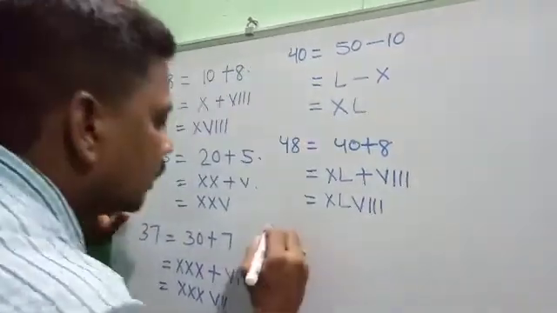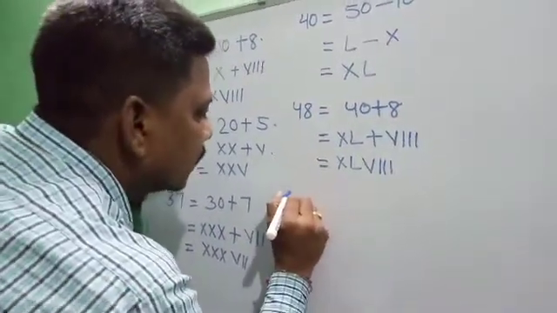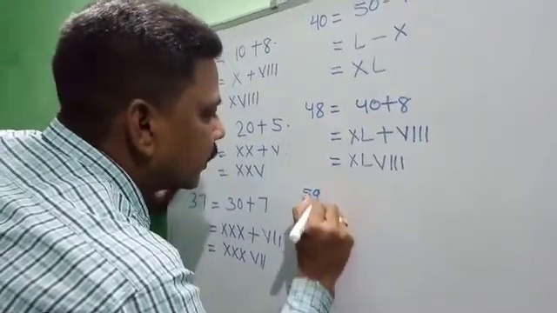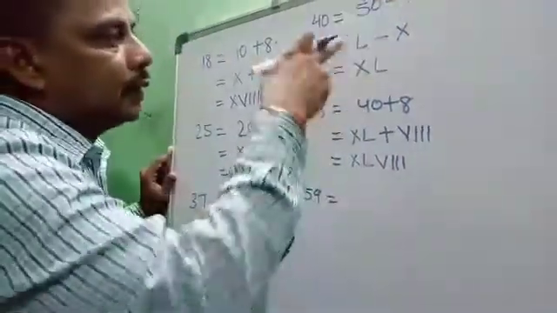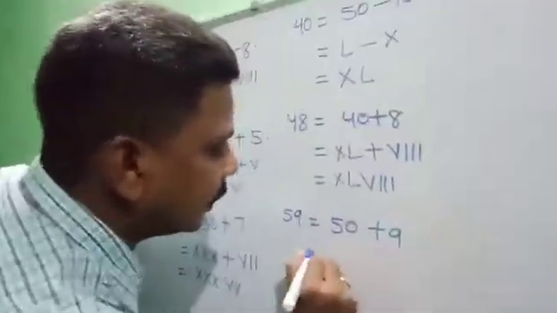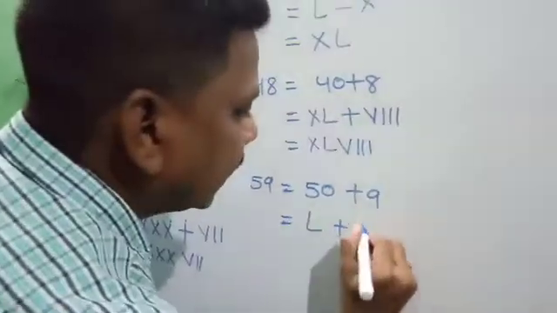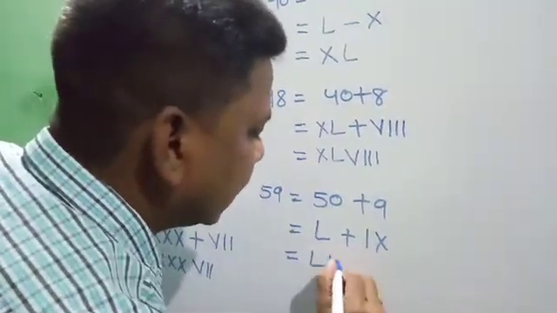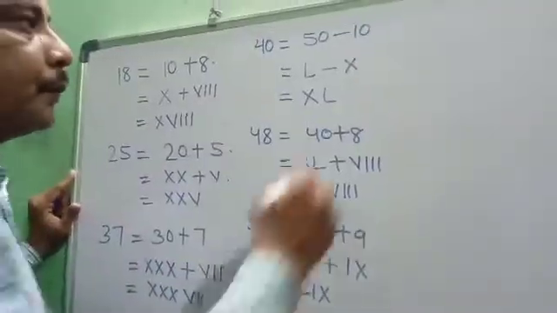Okay. Suppose we have to write 59. 59 means 50 plus 9. The letter for 50 is L and 9 is IX. So LIX. Okay.